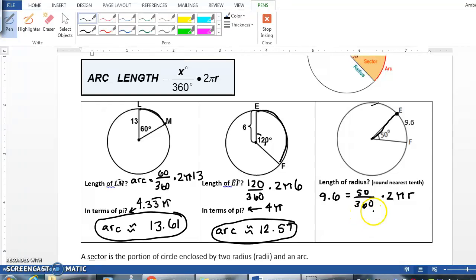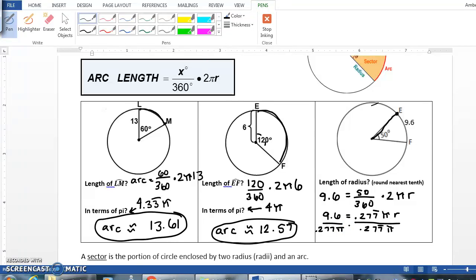So if I multiply 50 divided by 360 times 2, I'm left with 9.6 is equal to 0.277 repeated pi r. Now I can divide both sides by 0.277 repeated pi to get rid of those numbers and get r by itself.